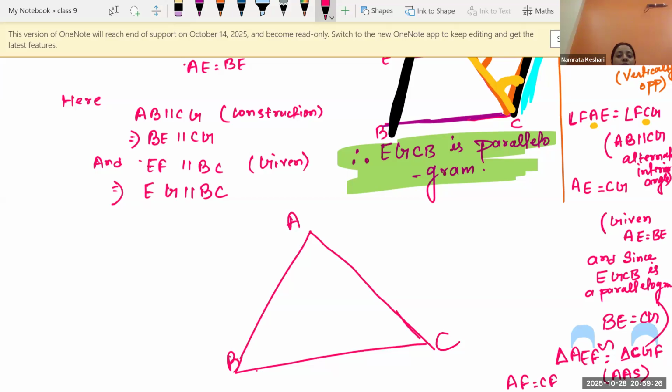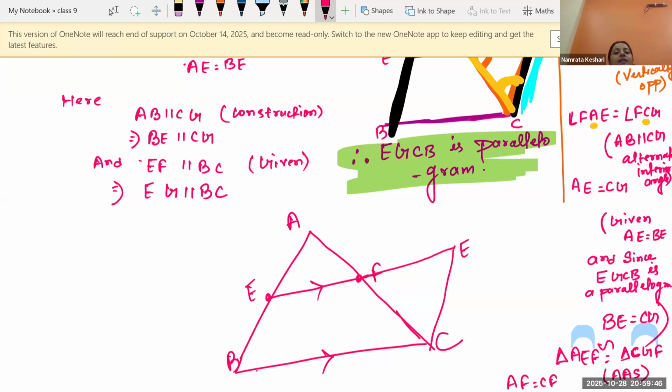Okay, in that triangle, E is the midpoint, already given, and we are supposed to prove that F is also the midpoint. Given that this EF is parallel to BC, we knew already. So we know that we have to extend it like this, which we have done in the midpoint theorem's proof as well. And we know that we have to join it like this.